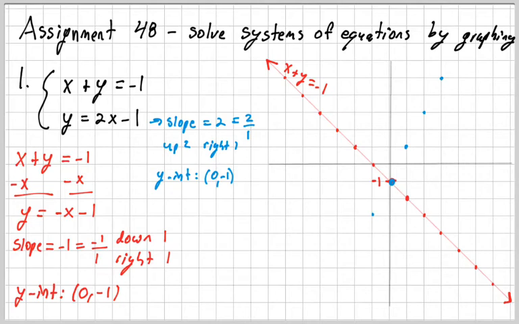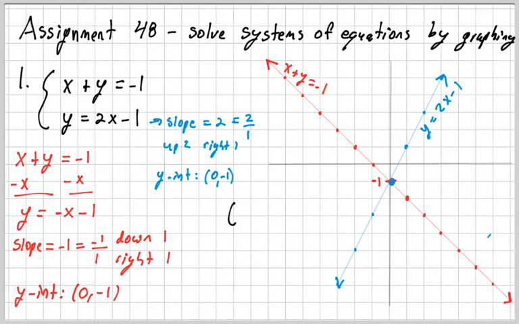Okay, now if you want to go the opposite, you would go down 2 and left 1, down 2 and left 1, and that'll give you some more points on the graph. Once you've done that, connect your points. Okay, and we'll label our graph y equals 2x minus 1.